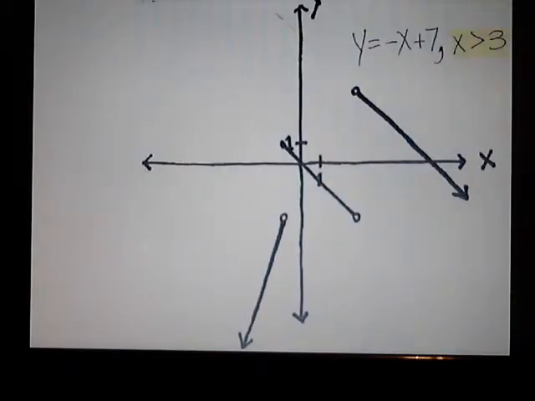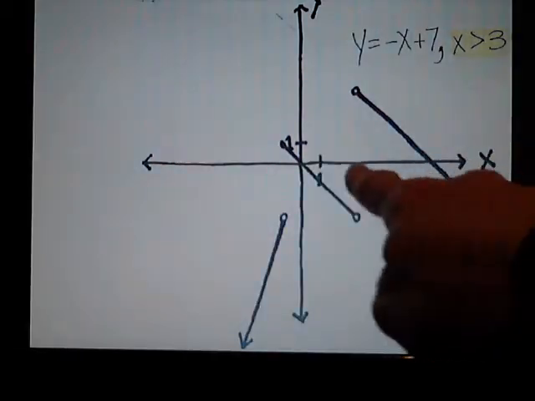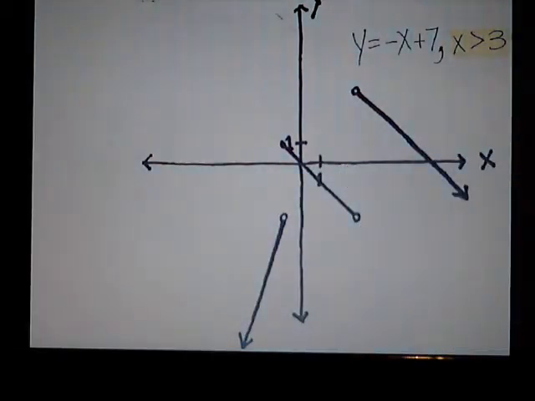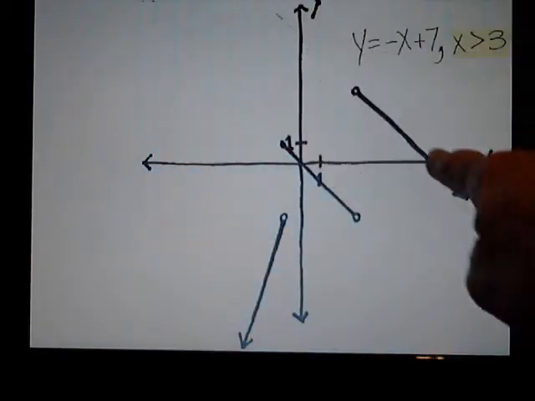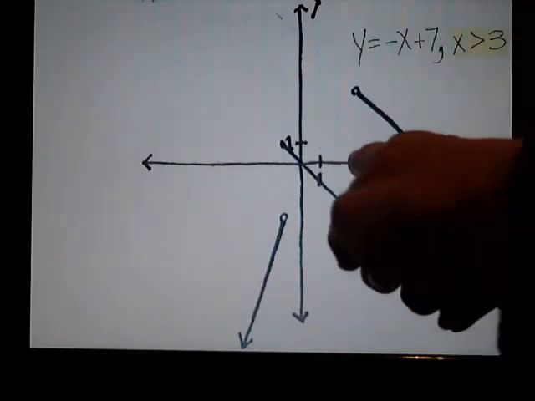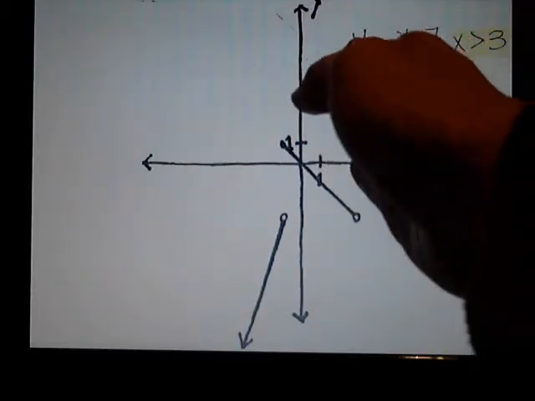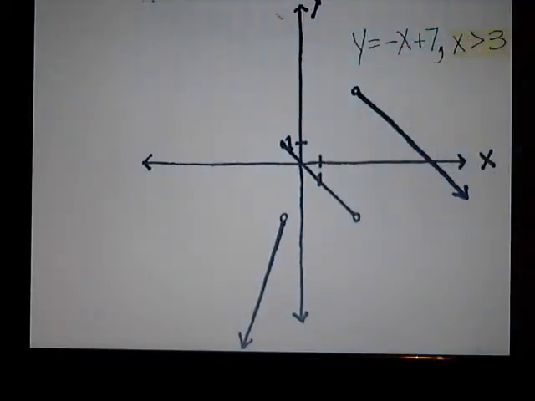And then finally, the third piece of the function was y equals negative x plus 7, and we're keeping x greater than 3. So we look along x greater than 3, and we keep that portion of the line to the right. And that is how you do a piecewise function.